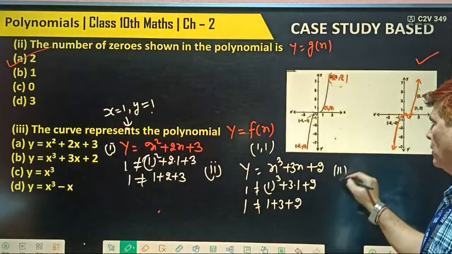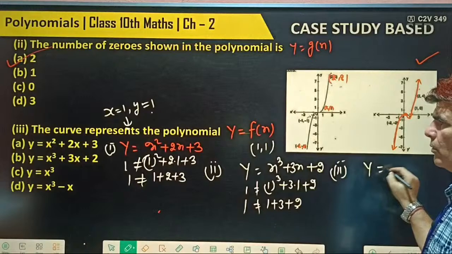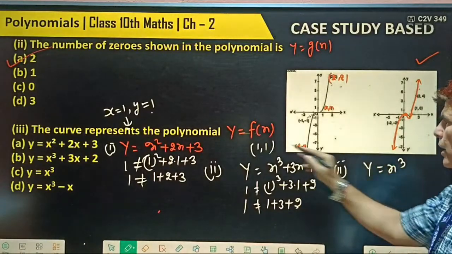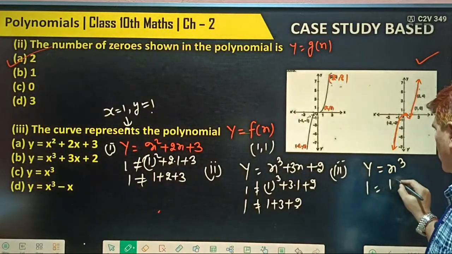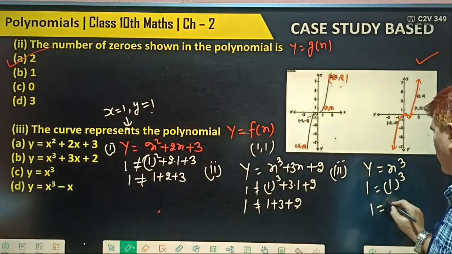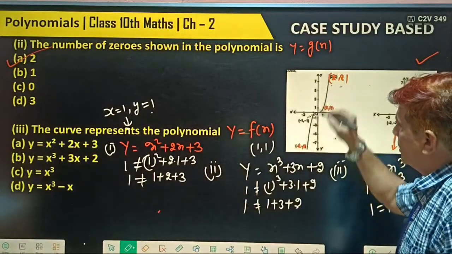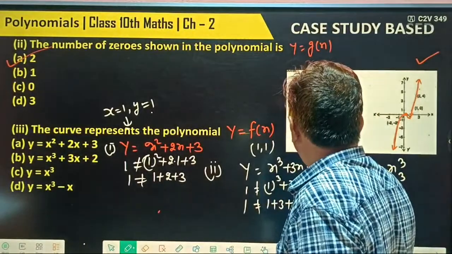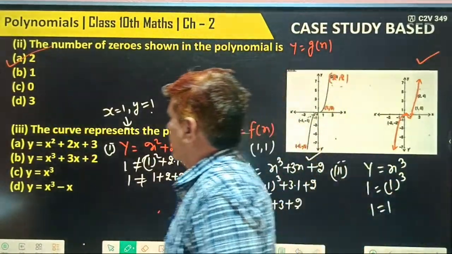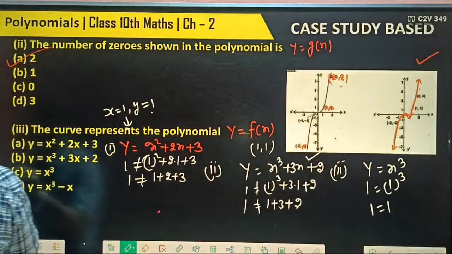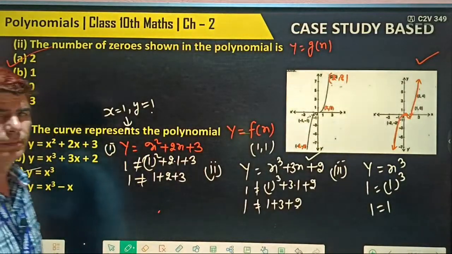Third, y equal to x cube. Again taking this 1, what is 1 cube? 1. So 1 equal to 1. So this is the graph of which polynomial? This polynomial.